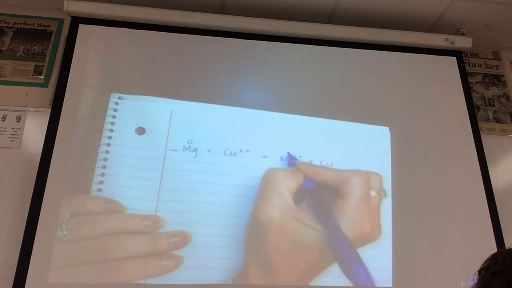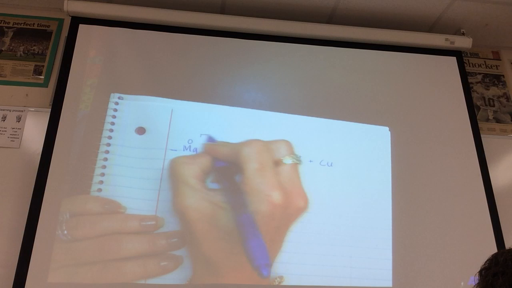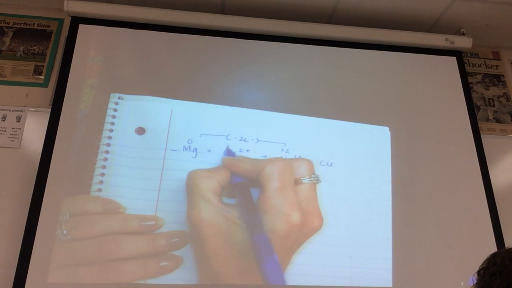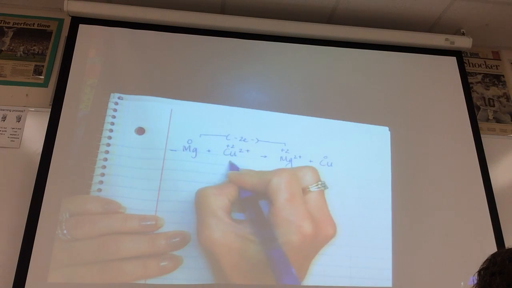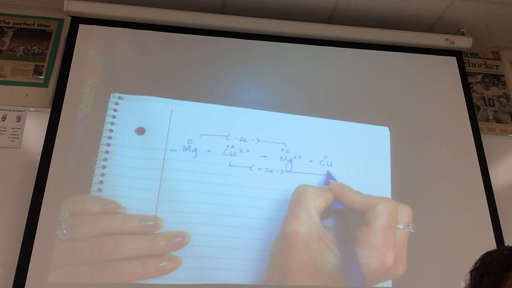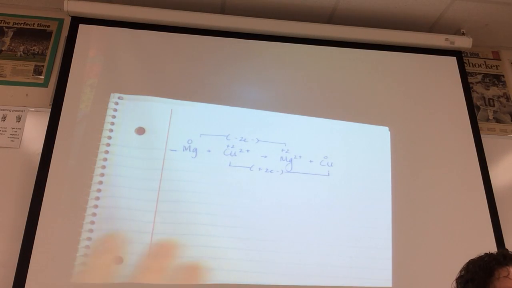So you're going from 0 to +2. This is a loss of 2 electrons, and you're going from +2 to 0. So this is a gain of 2 electrons. Okay? So pretty straightforward here in regard to redox.